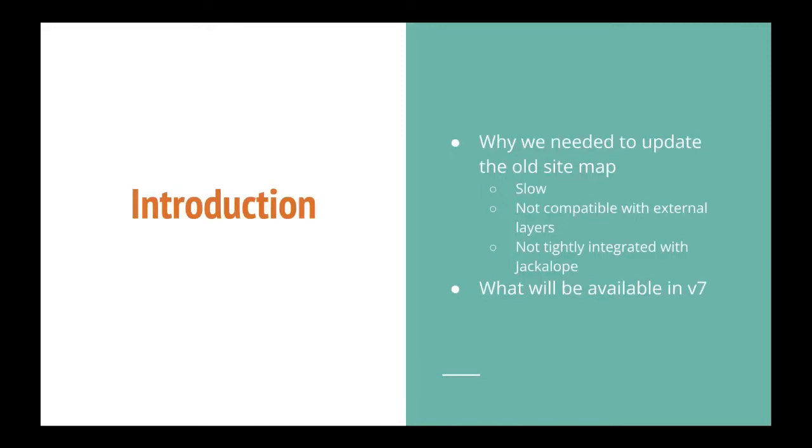And so it didn't interact very well with Jackalope in the sense that you couldn't change attributes, and you couldn't really use it very well as a selection tool, and it really wasn't compatible with the outside world either. You couldn't easily load new external layers in there or shape files or anything like that.